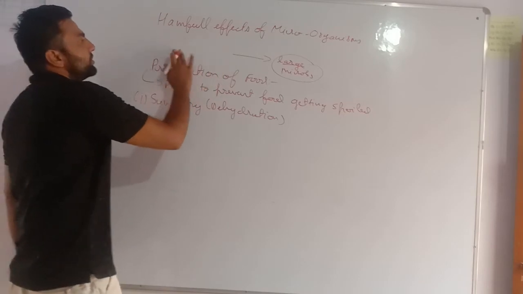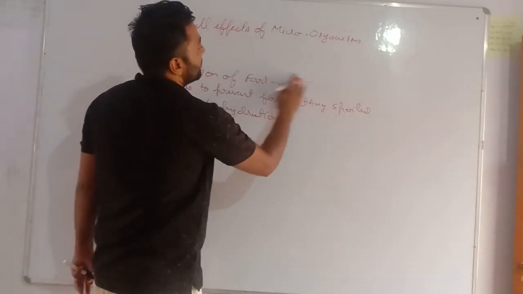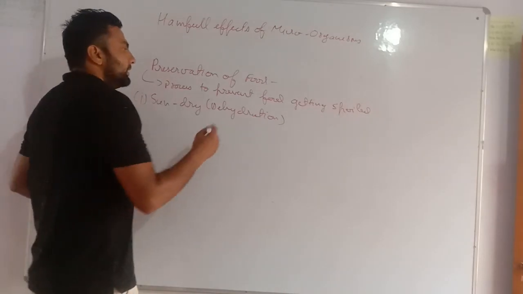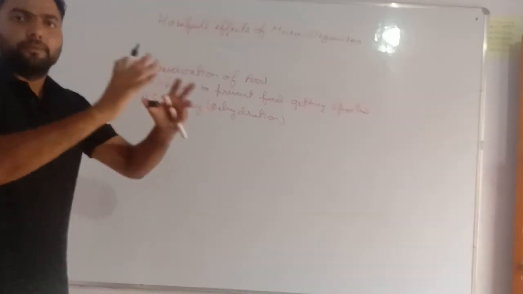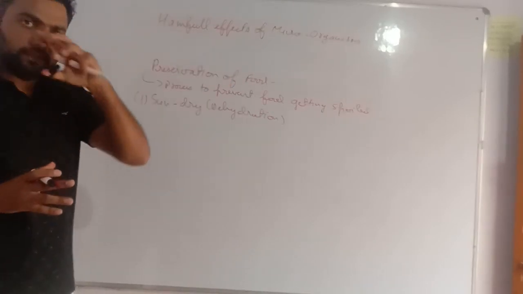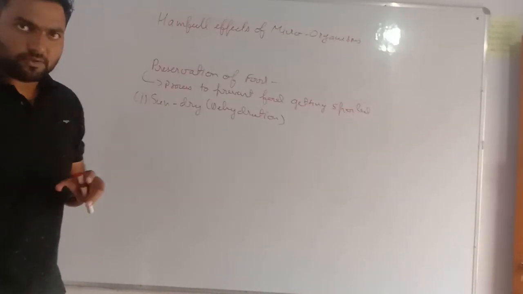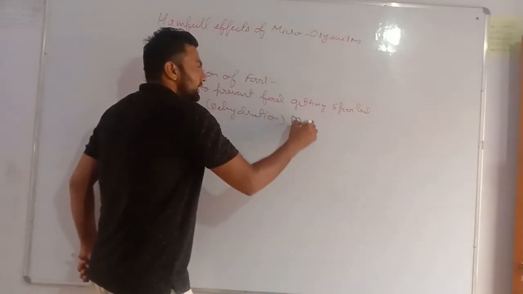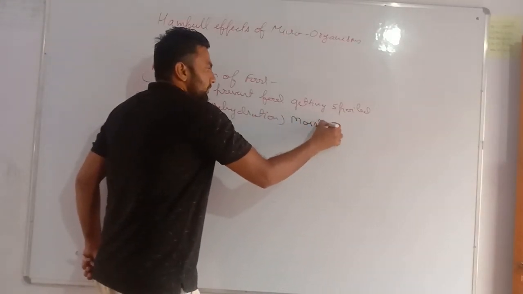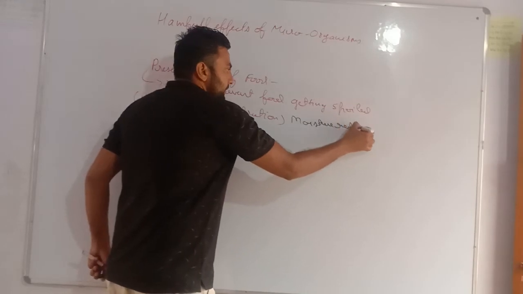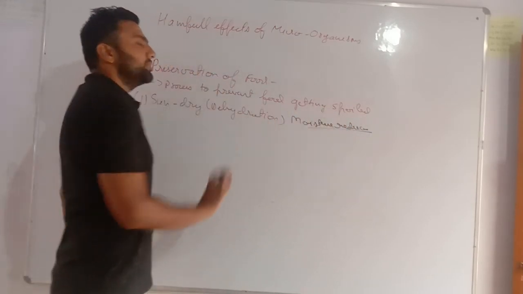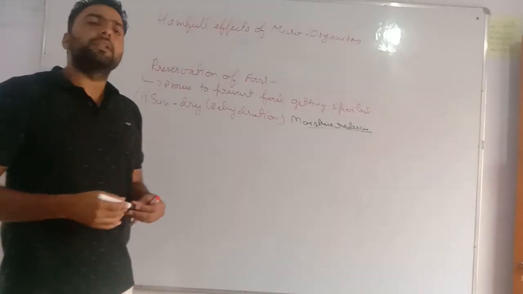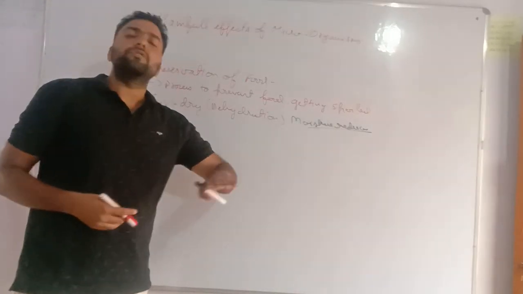If I decrease this moisture, the number of microbes will also decrease. So sun drying is when we keep any food in the sun, especially pickles, and the moisture reduces. As the moisture reduces, the disease-causing microorganisms decrease, and our food is not spoiled that much.